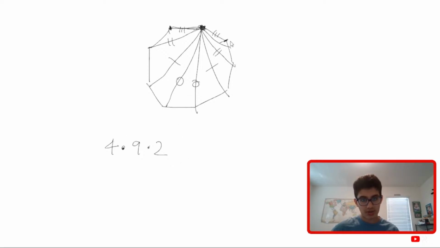So there are four possible triangles. Now with this, you can either form this triangle or this triangle, right? Similarly with this, you can either form this triangle or this triangle. Sorry, or this triangle.